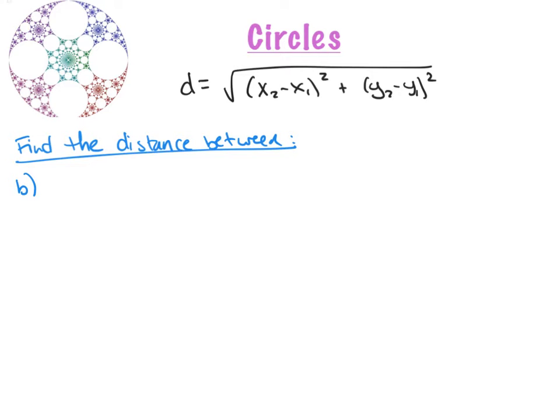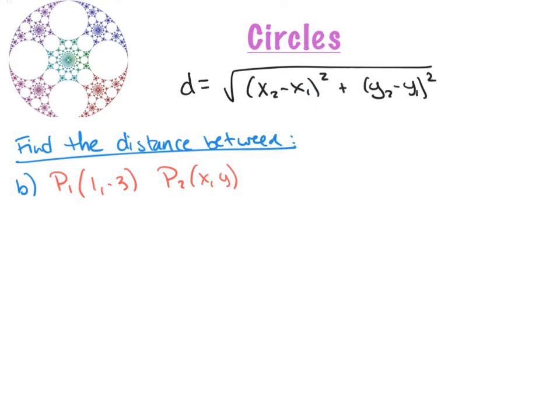So in this one, let's find the distance between P1, which is 1, negative 3. And here I'm going to be tricky. P2 is just the point x and y. Okay, sure. All right, so we'll plug these 2 points into the distance formula.